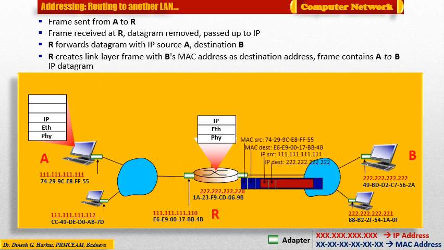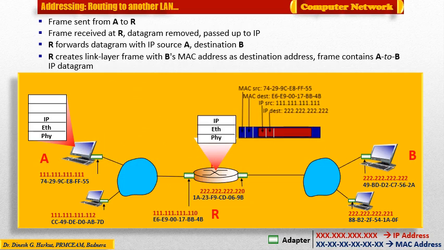This frame has been moved from source to the router because the router sees that the frame is addressed to it. On receipt of the frame, the router extracts the datagram.